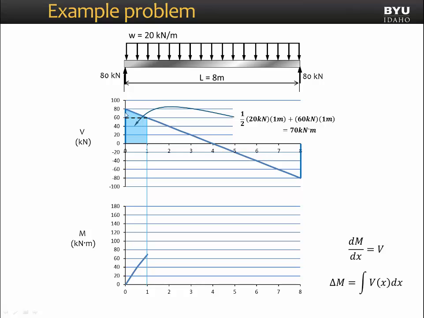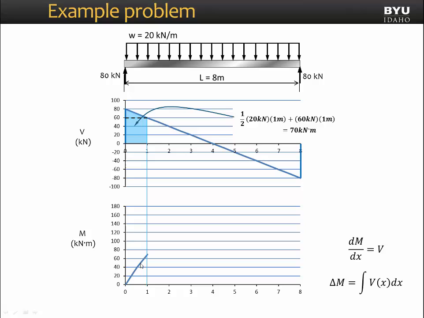We integrate it by dividing this area into a triangular piece and a rectangular piece. The area of the triangle is 1/2 times its height, which is 20 kilonewtons, times its width, 1 meter. The area of the rectangle is 60 kilonewtons tall, 1 meter wide, and together that equals 70 kilonewton meters. So that's this value here.